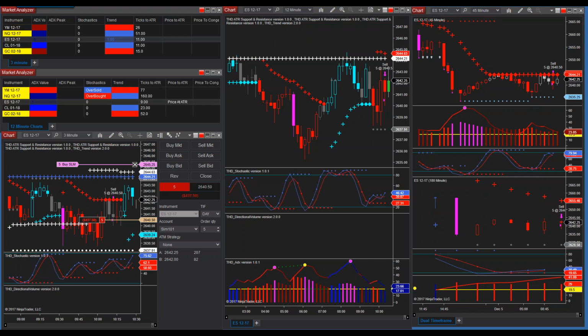Let's see. Yes, 2639. That's where I would anticipate it to go. And normally I don't run a large stop, but I know this is at the ATR over here, so it may bump it again. Let's see the Dow.